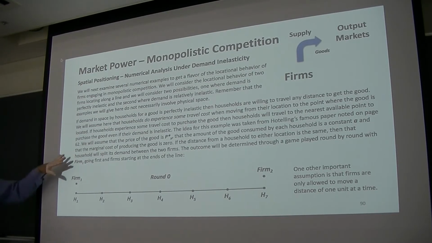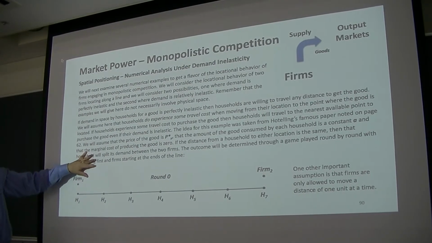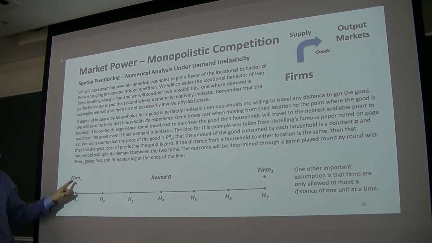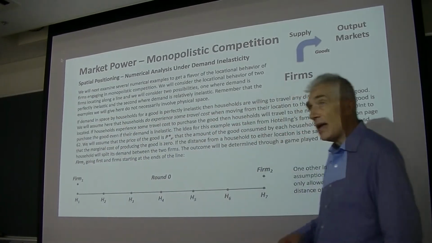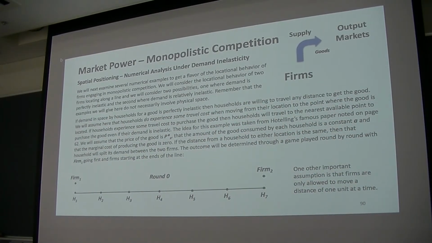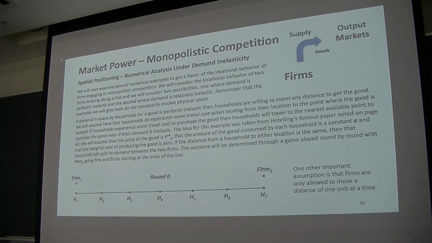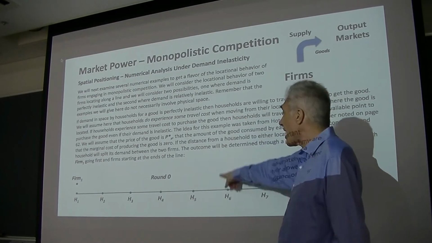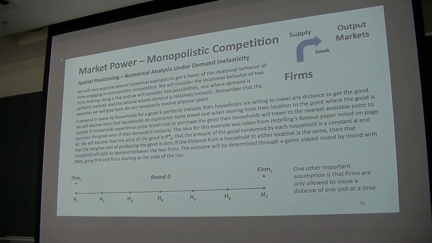We're going to look at their locational behavior, with two firms located at either end, and a game where they can move one space each time, and the households experience some travel costs, but the demand for space is perfectly inelastic.